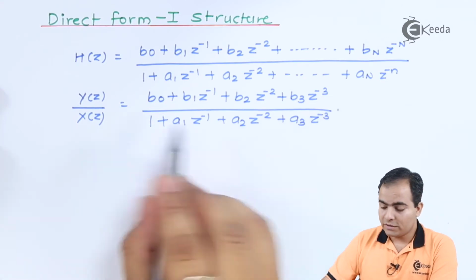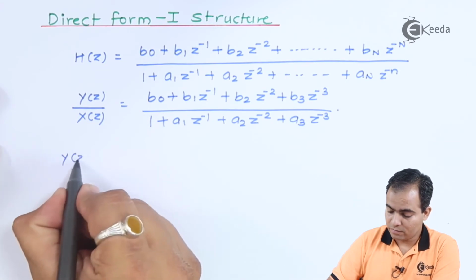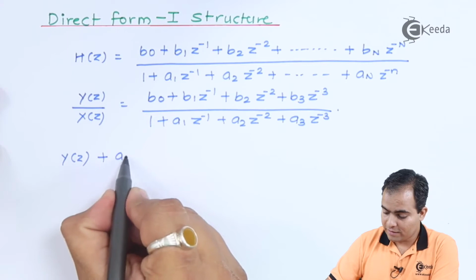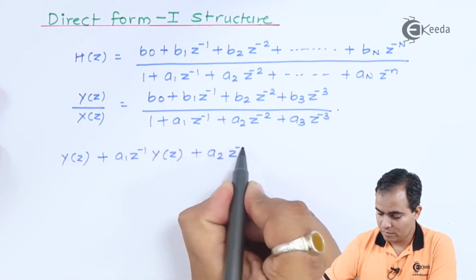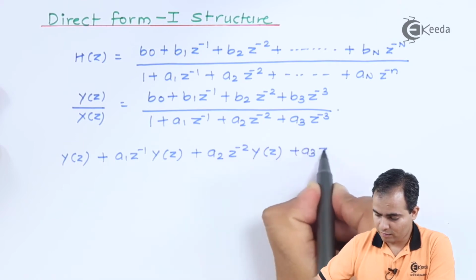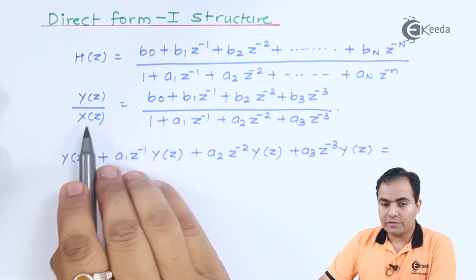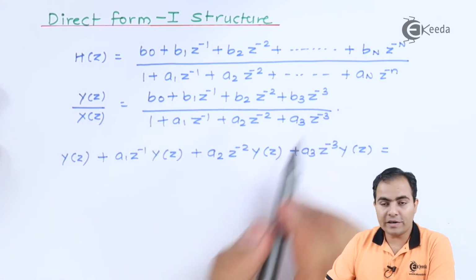Now do one thing, just cross multiply both sides. So Y of z into 1 is Y of z. Next, a1 z inverse into Y of z. And on the left hand side we have got this equation, and on the right hand side simply multiply X of z with the numerator value.